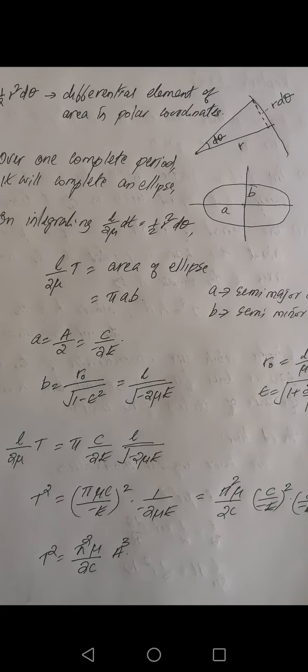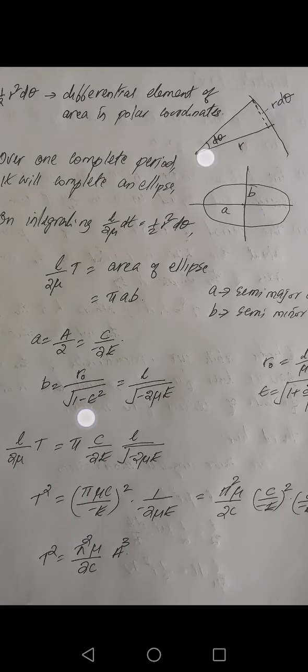Half r squared d theta is actually one small portion of a big element. So this is an element of a big one. Here it is r, and this is r d theta, and this is d theta. This is a small area constituted by that element, having lengths r and r d theta.